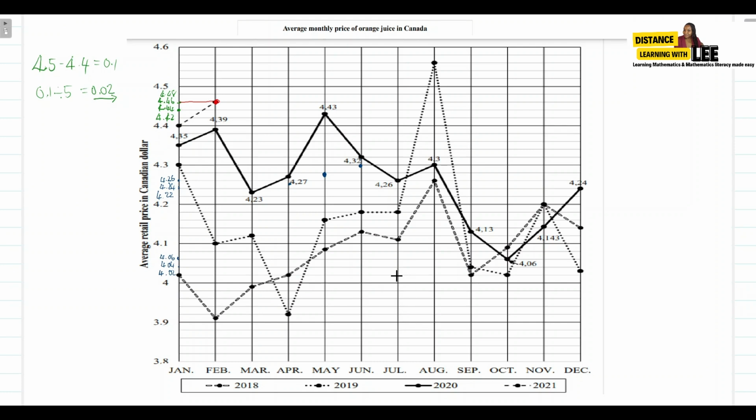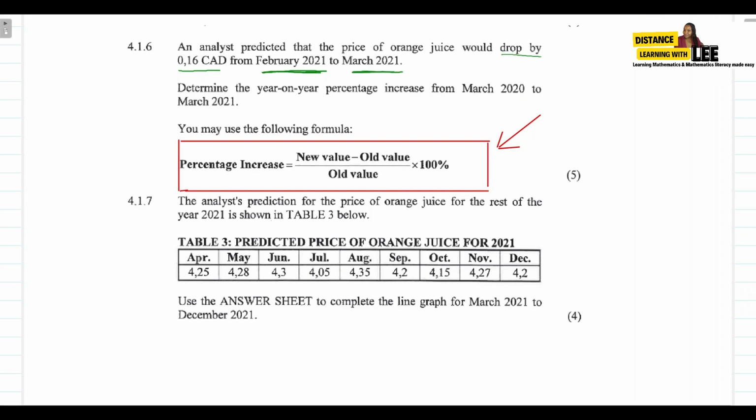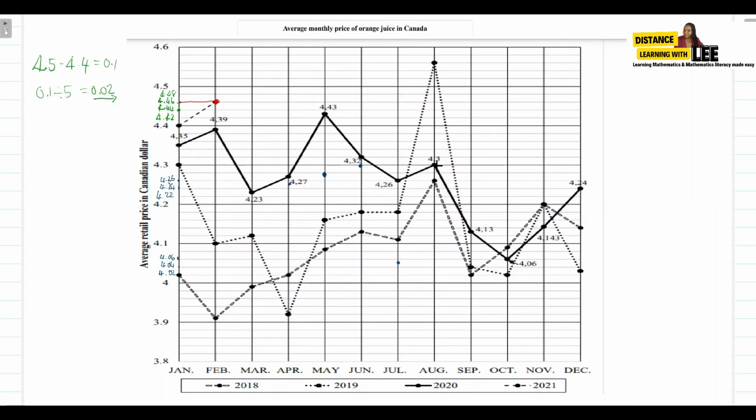It's 4.02. This is 4.04. 4.05 is somewhere there. August is 4.35, right? It's 4.3, 4.32, 4.34. 4.35 is somewhere there.